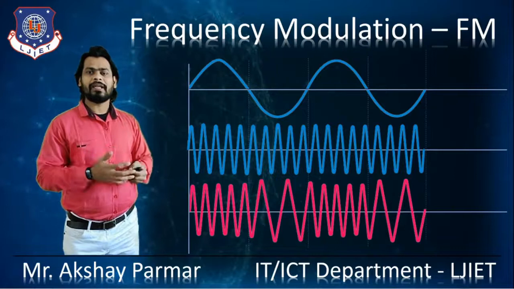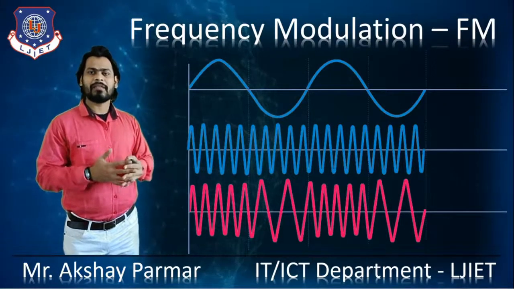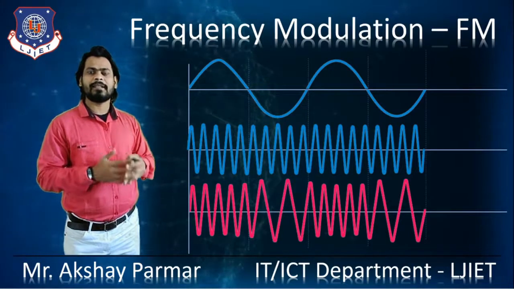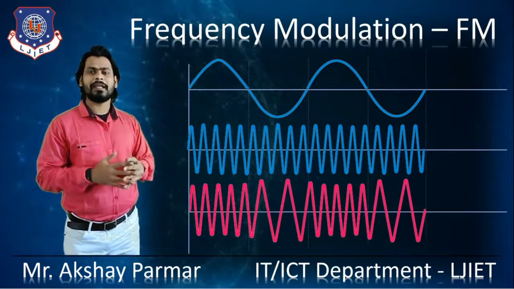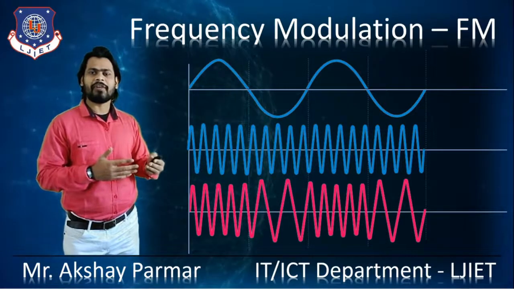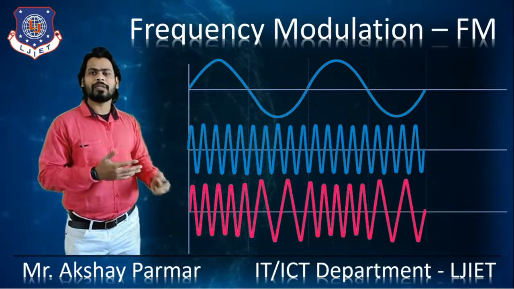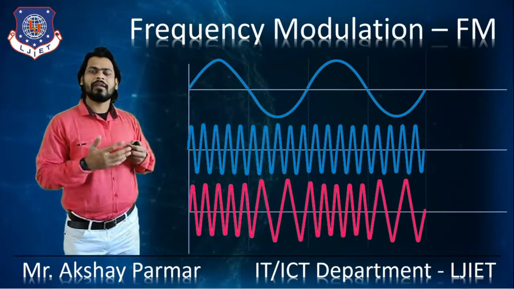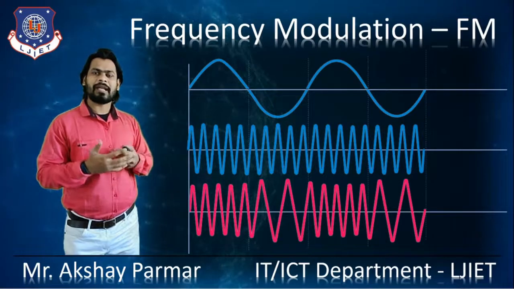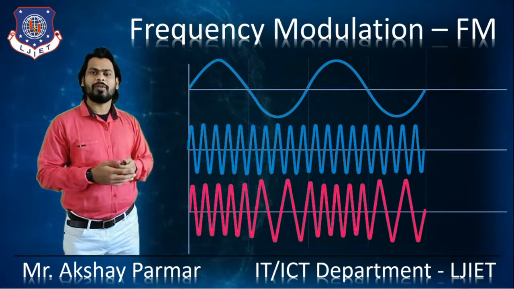Like that, we have modified the characteristic of the frequency to modulate this signal. So that's how we are changing the carrier signal's frequency with respect to this input signal, and we are getting the output signal. This is all about frequency modulation.